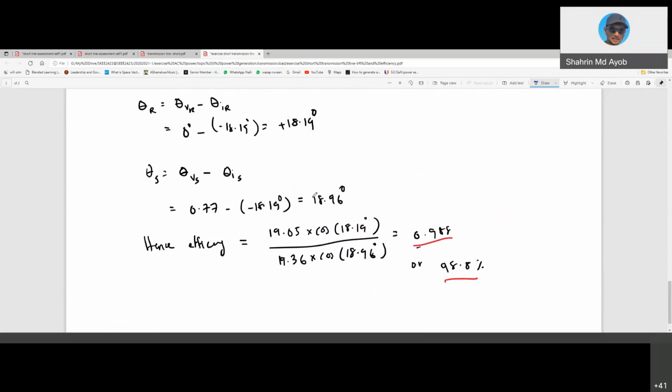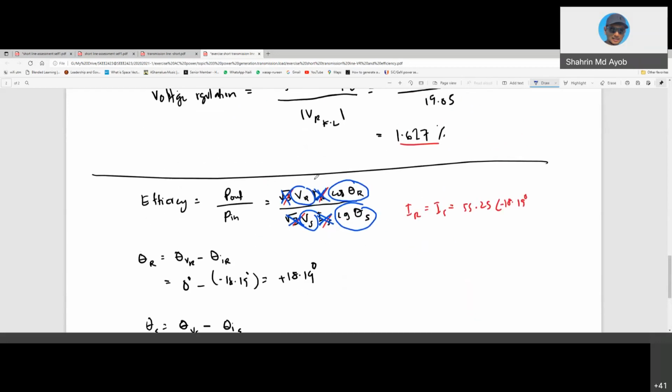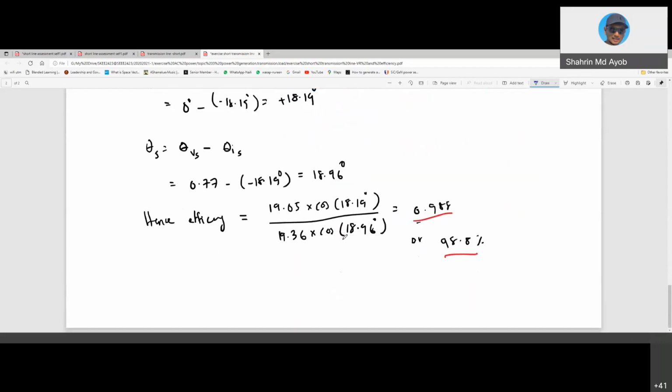From this we have obtained that theta S is 18.96. Then you substitute all these values in this equation, and you will obtain that the efficiency is around 0.988, or 98.8%.